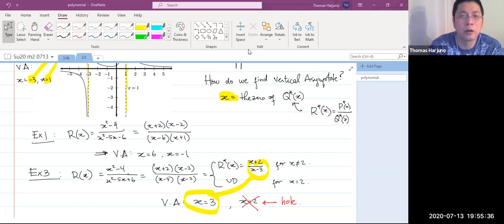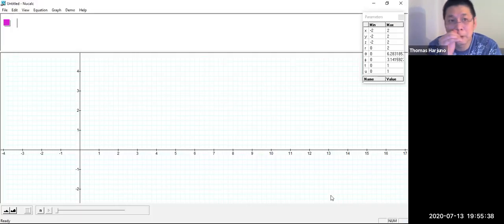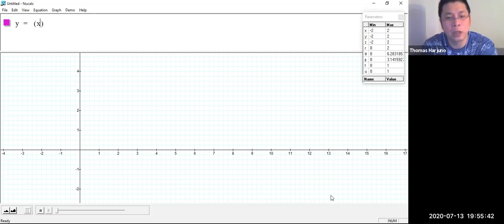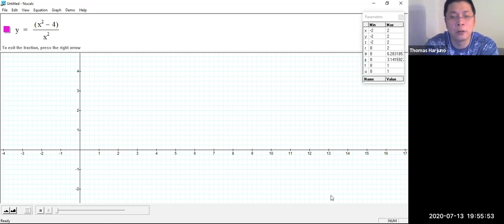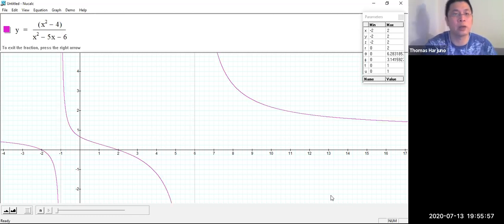Let's go to my graphing paper. y equals x squared minus 4 on the numerator divided by x squared minus 5x minus 6. This is for example 1.